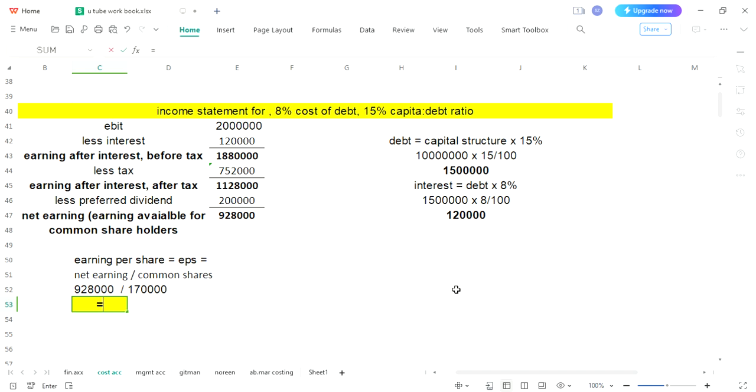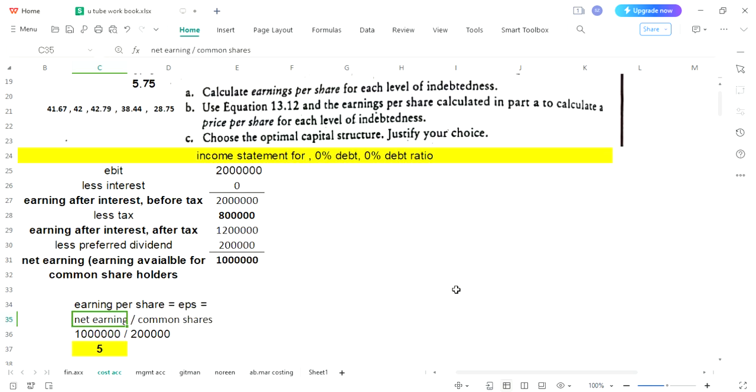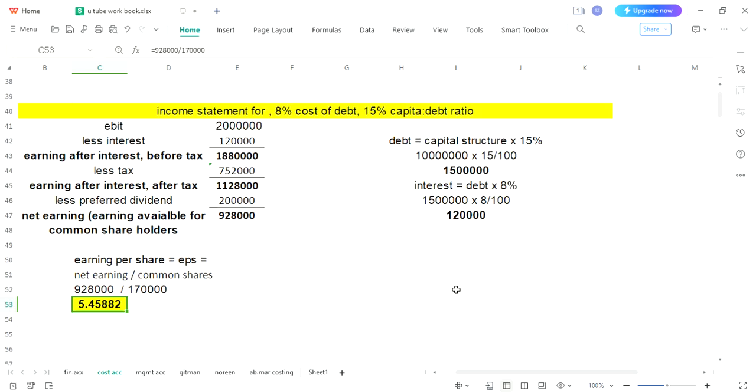Statement has been completed. Now you can put it on calculator. So we have got our second answer, 5.45, or you can call it 5.46. In this way our second answer has been calculated.